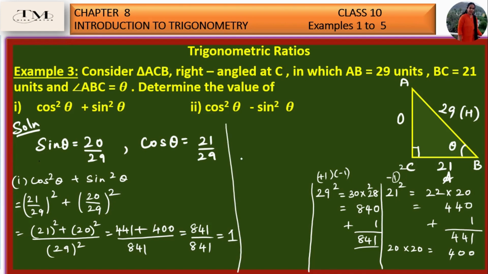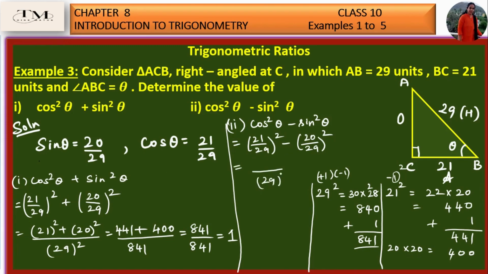So let us find out the values for the second part. Cos square theta minus sine square theta. So what is cos square theta? It is 21 by 29 whole square minus 20 by 29 whole square. So for both the values we have 29 square as LCM.